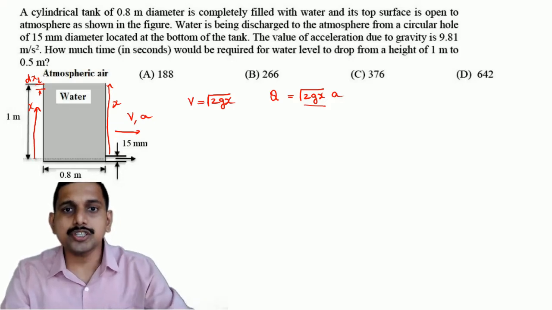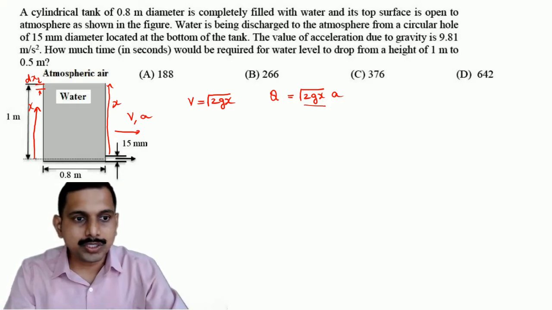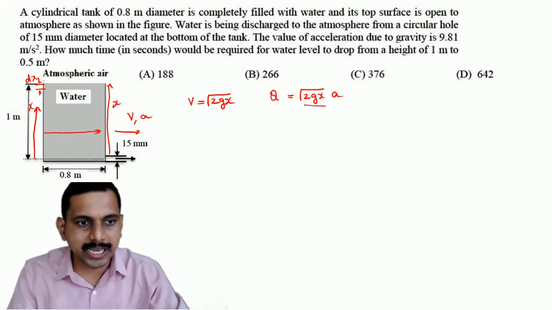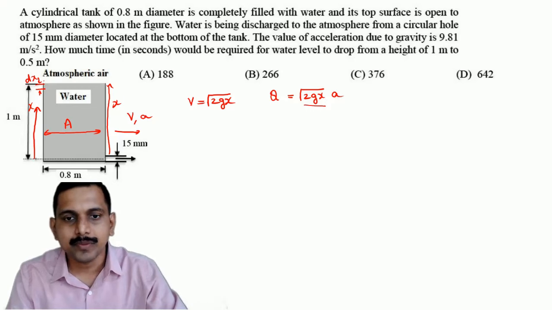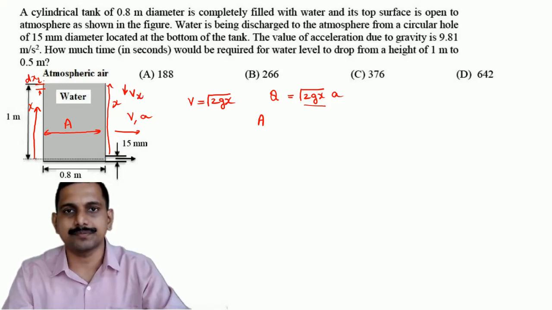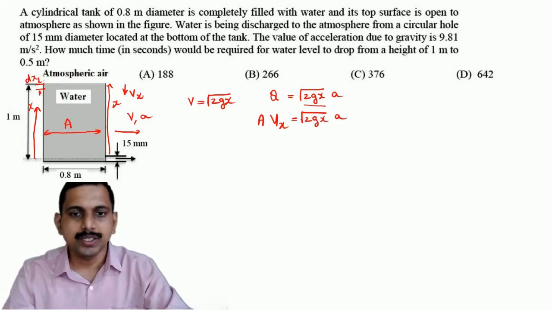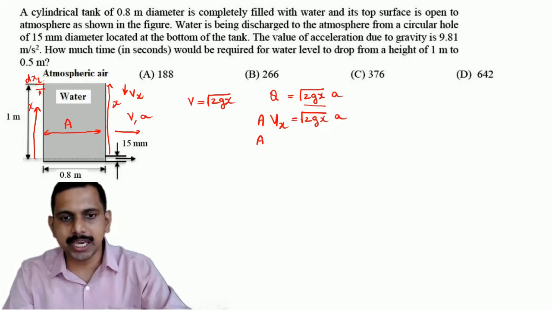Now the Q which is going down, at a particular time Q can be written as this area capital A, the area of this cylindrical tank, into how the level of the water is coming down, which I will say is Vx. So capital A into Vx is equal to root of 2gx into a. Now Vx can be written as dx by dt.